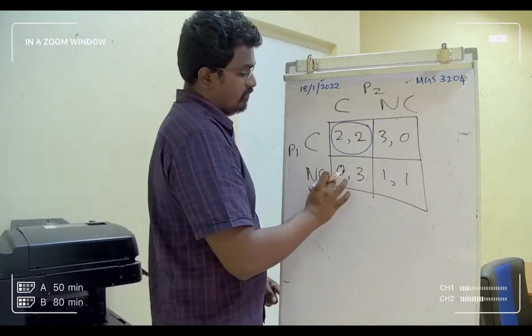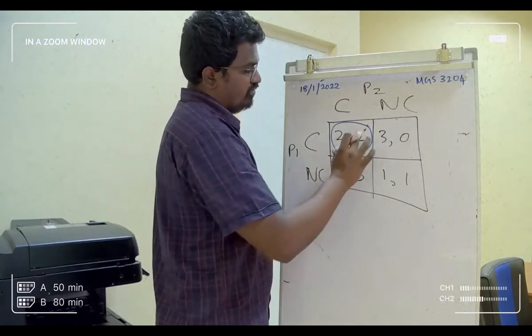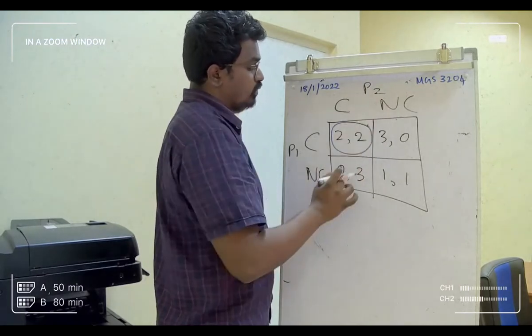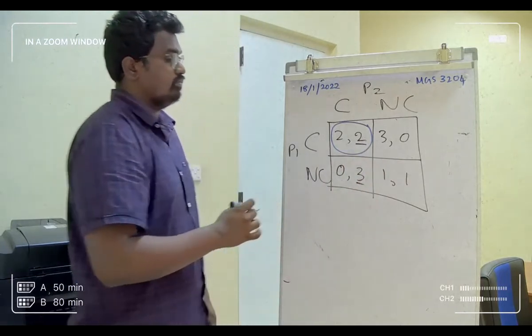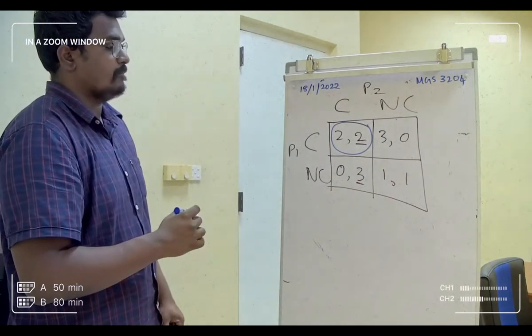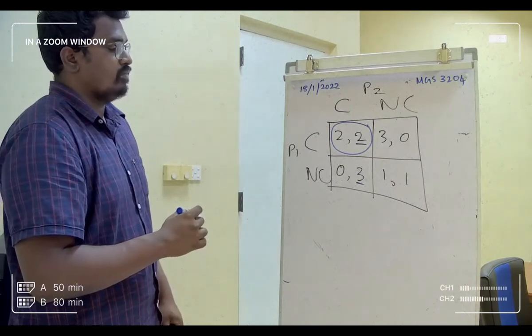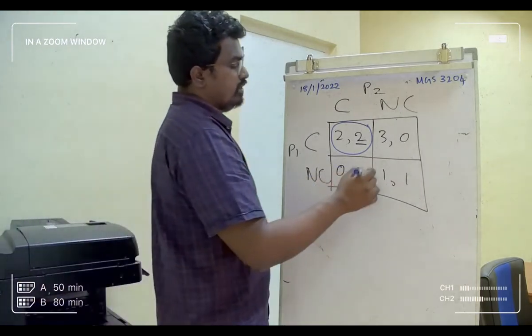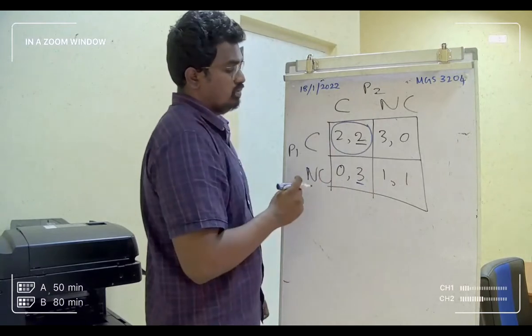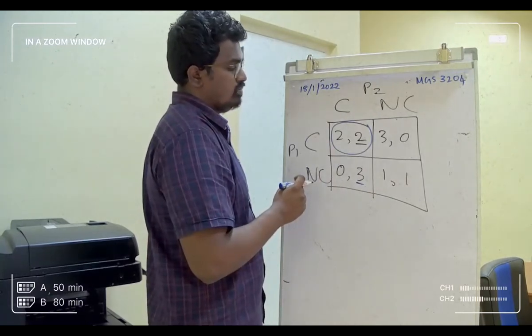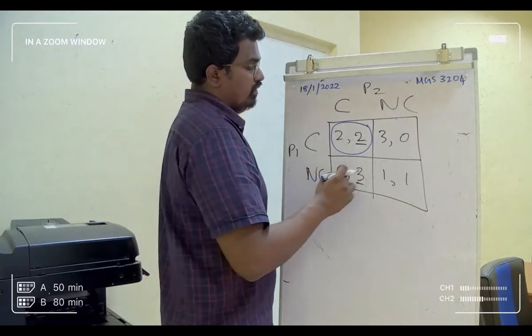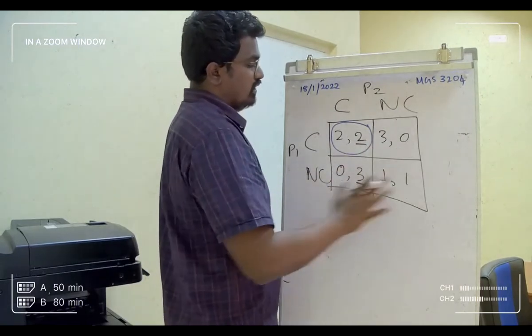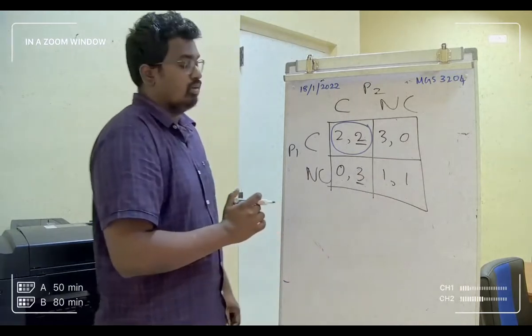Now player 2 will compare between 2 and 3, and again the same thing applies, ending up with 2. And then the other way around also.